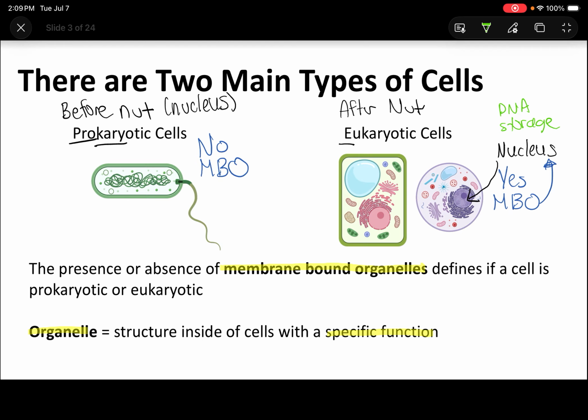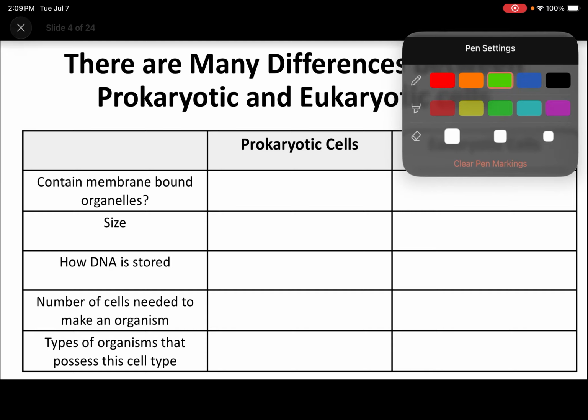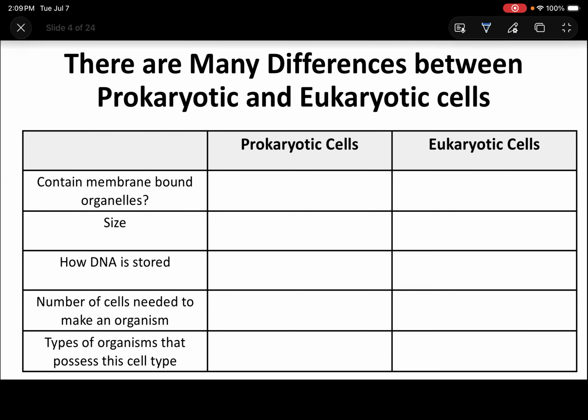So let's further break down some of the important differences between prokaryotes and eukaryotes. As we already said, prokaryotic cells do not contain membrane-bound organelles, and eukaryotic cells do. Another big defining difference is that prokaryotes tend to be really, really small, like teeny, tiny.